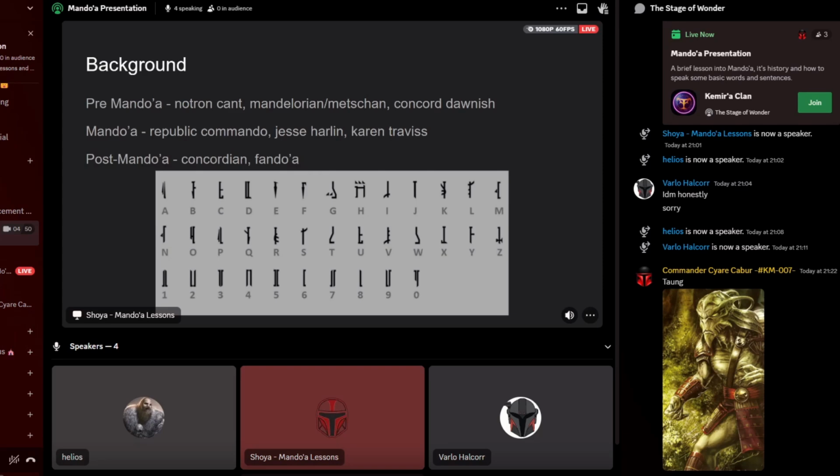So the next thing that was created was, at the time, called Mandalorian language, but we now know as either Concord Dawnish, which is a more precise term, but is more commonly known as Concordian.